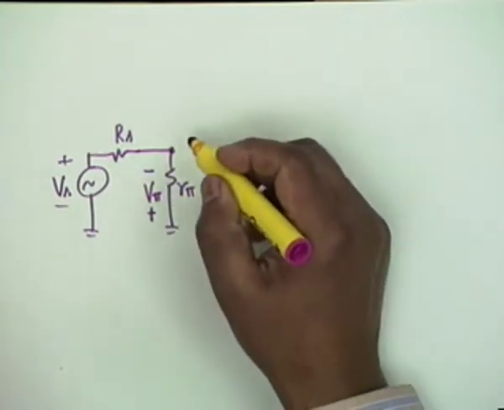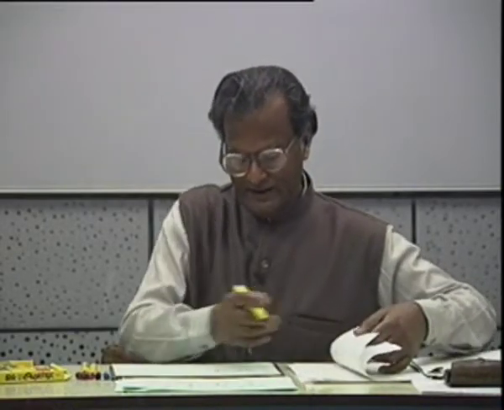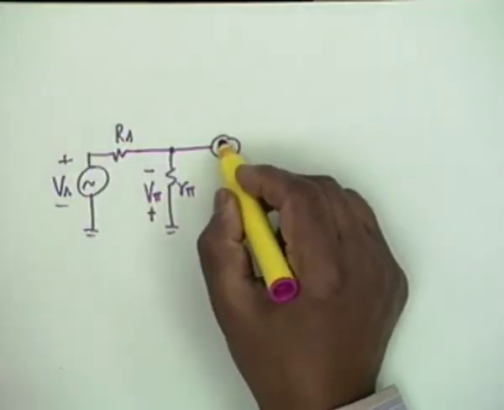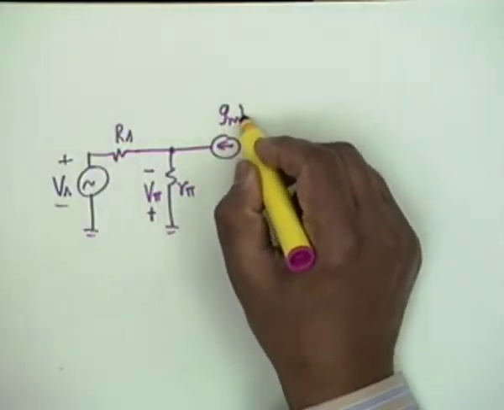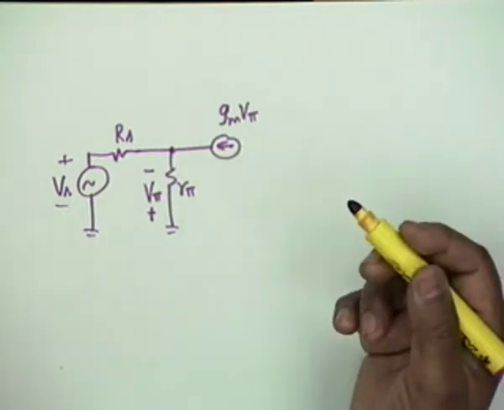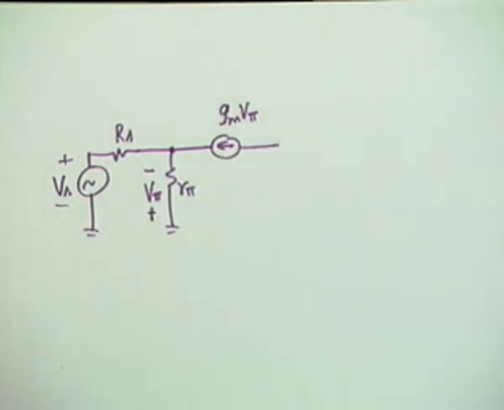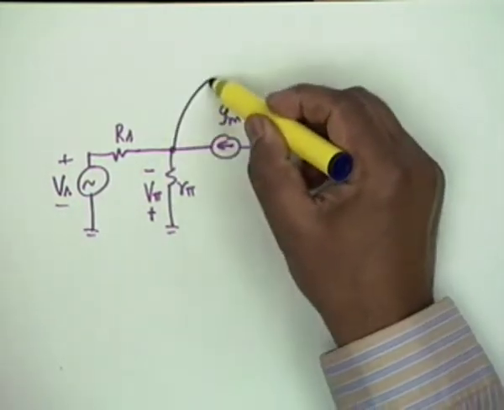Then what do we have? From emitter 1, we have a gm V pi. Now, here comes the question of simplification. Should you recognize R naught or not? Well, suppose you do.